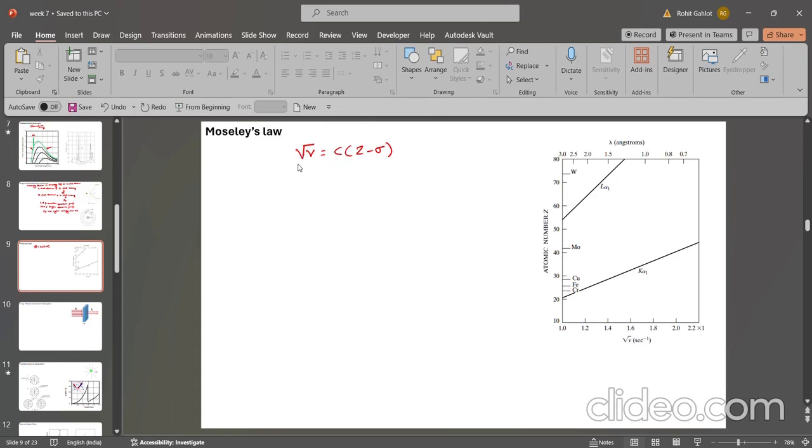So from here it can be seen that as your atomic number is increasing, the wavelength of any particular line like K alpha 1 or L alpha 1 is decreasing.